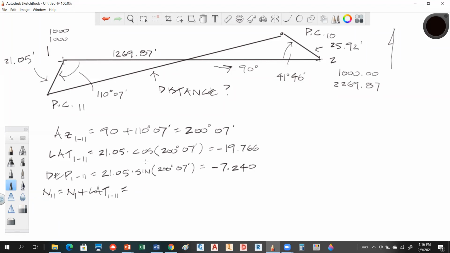So we get 980.234. My easting of 11 is equal to the easting of 1 plus the departure.